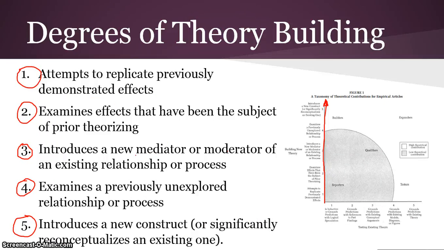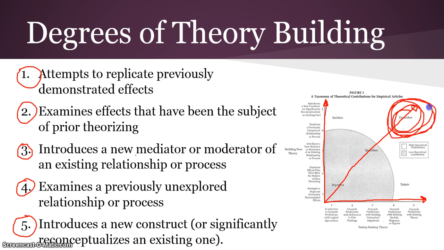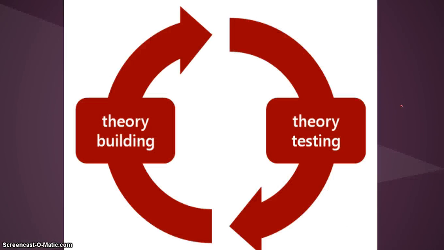And in fact, if we look again at this figure that's in the corner of the slide, we'll see that really it's the combination of theory testing and theory building that leads to theory expansion, which is the interesting part, growing theory, thinking about ways that we can understand what's going on better and in different directions or new ways. So it is a symbiotic process of theory testing and theory building.